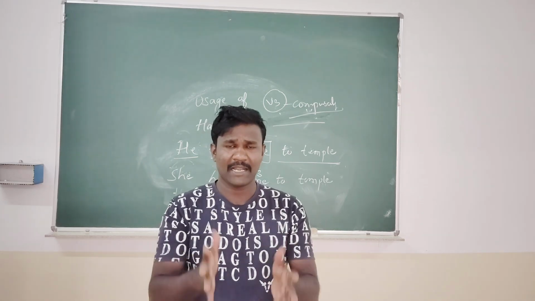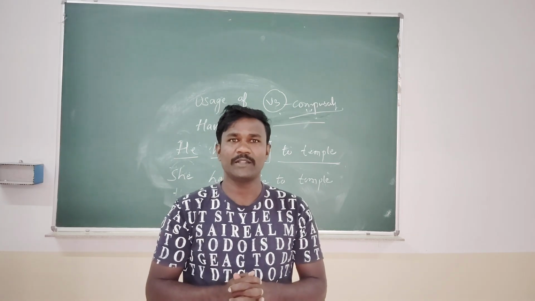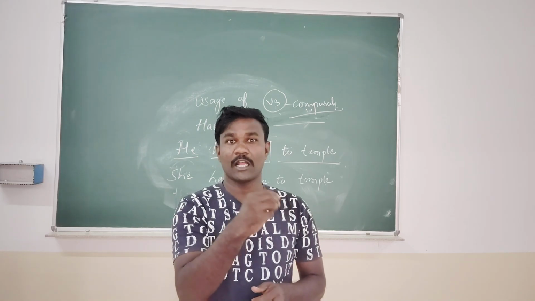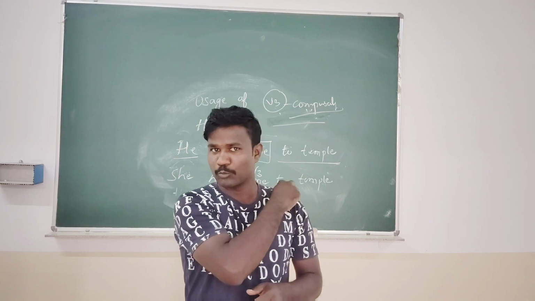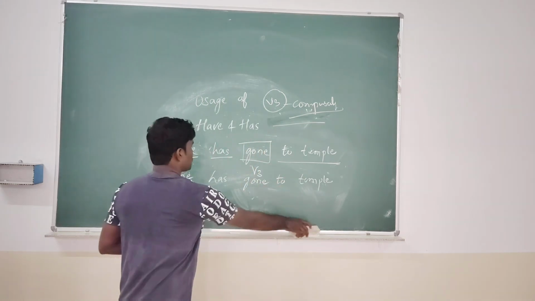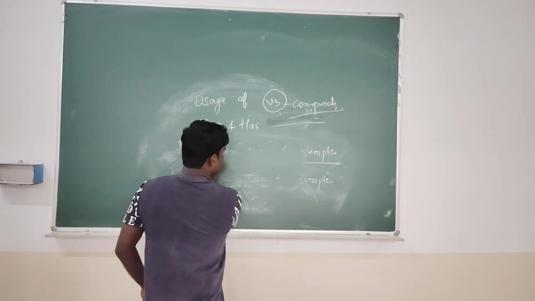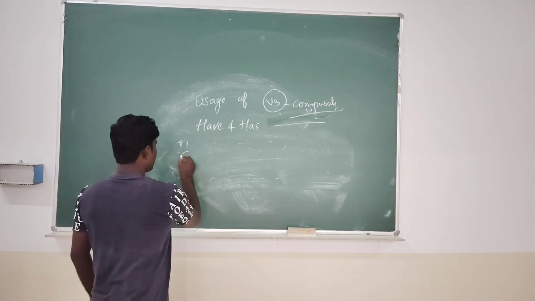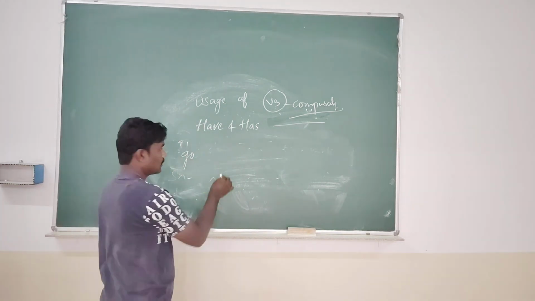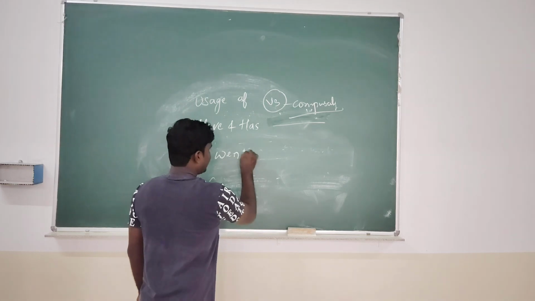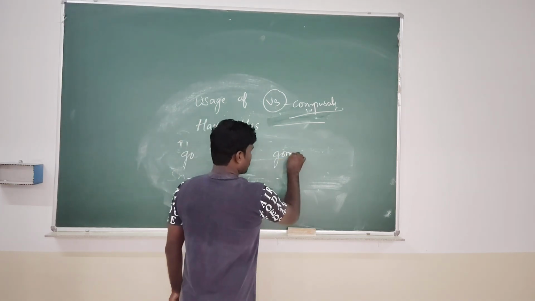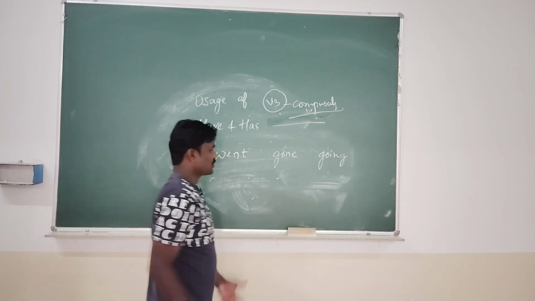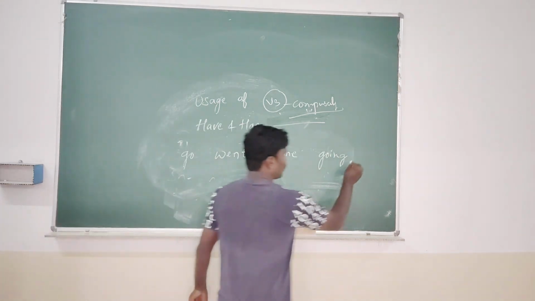When we use have and has, the verb must be V3 form. I am showing you what V1 to V3 are so you can understand. Just wait and see. Let me take a small example: go, went, gone, going, goes.